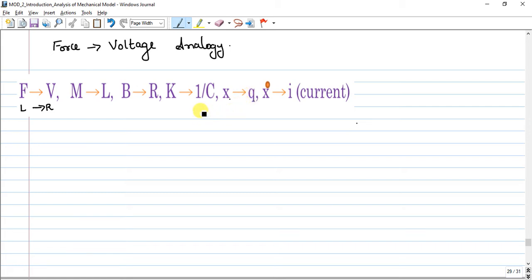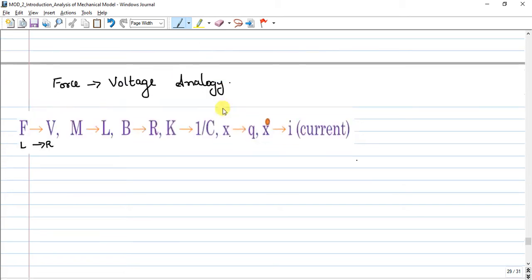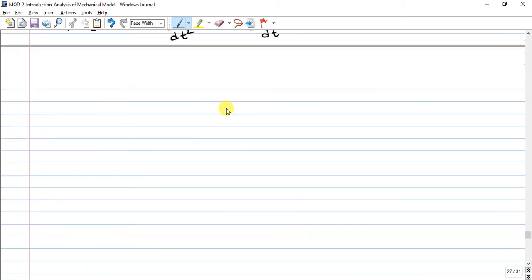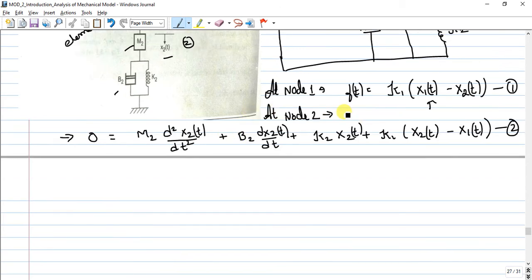Okay, so first we shall rewrite the equation in terms of the electrical network. You know at node 1 we had f of t is equal to k1 times x1 of t minus x2 of t. Remember the equation: f of t is equal to k1 times x1 of t minus x2 of t.